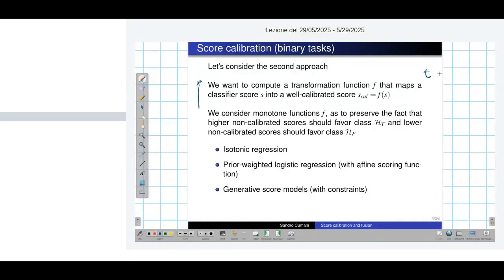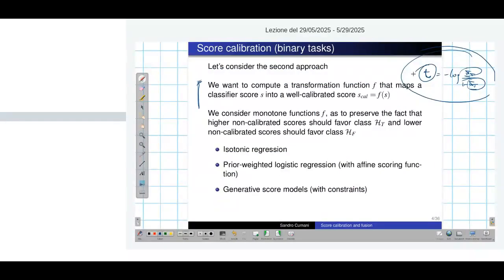For scores that are well-calibrated, the threshold is the usual, even in terms of effective prior, this. If you want to put the costs, you just need to plug them there. But if you work with effective prior, you don't need to put the costs. Then this holds for any application. And if we have close-by applications, we know about how much this threshold will move.